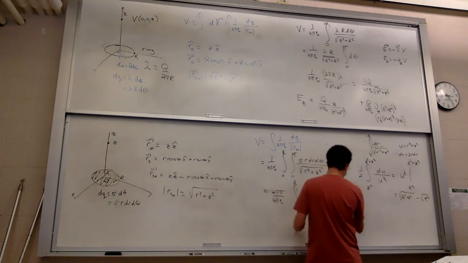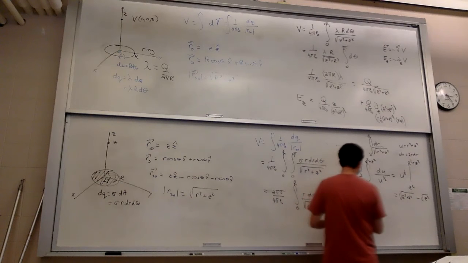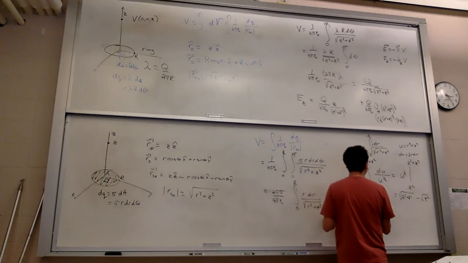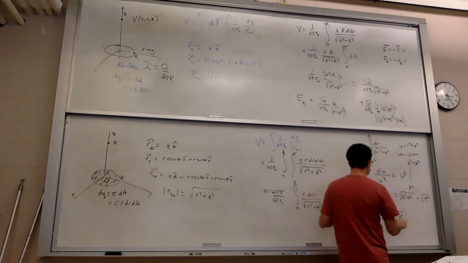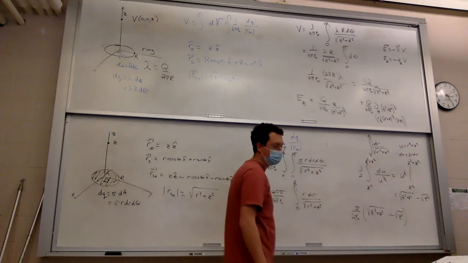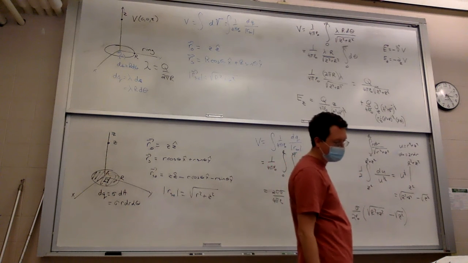Actually, I can go ahead and cancel the 2 pi, times the square root of r squared plus z squared minus the square root of z squared. Screwed that up. Yeah.